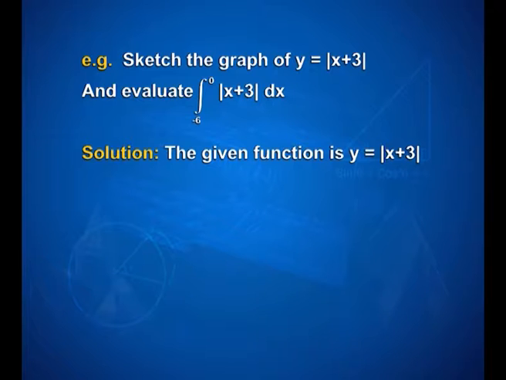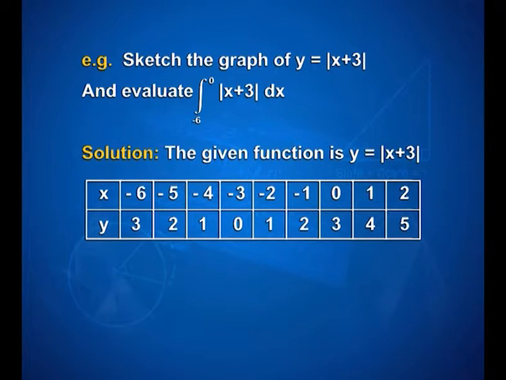For this, we prepare a table for x and y coordinates: -6, 3; -5, 2; -4, 1; -3, 0; -2, 1; -1, 2; 0, 3; 1, 4 and 2, 5 are the respective ordered pairs we obtain from the equation y is equal to modulus of x plus 3.